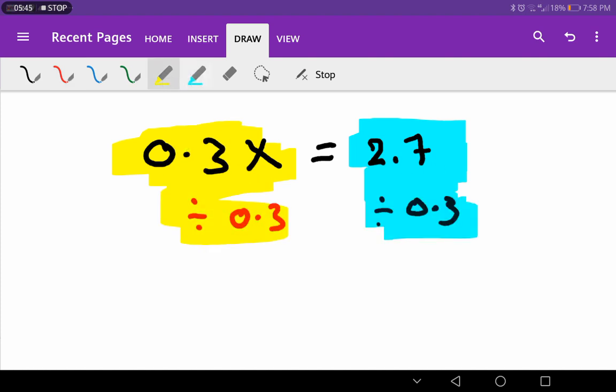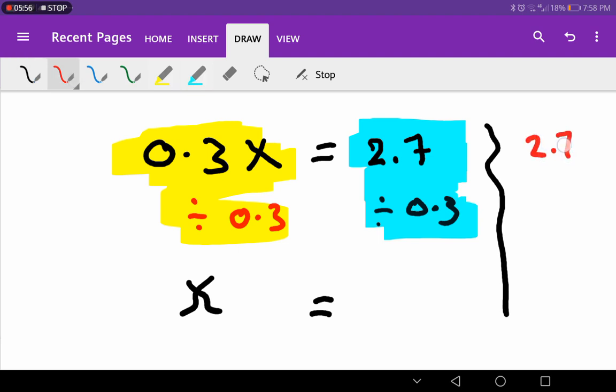So the x comes down alone and happy, waiting for what will happen here. Actually 2.7 over 0.3, I made an agreement with my students.